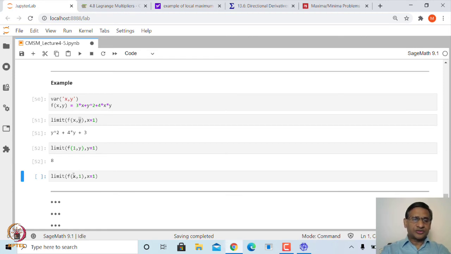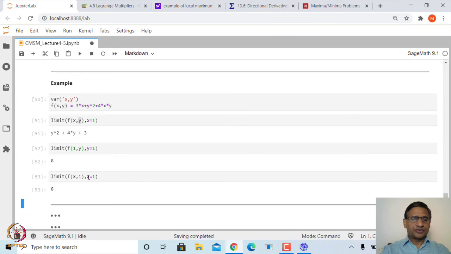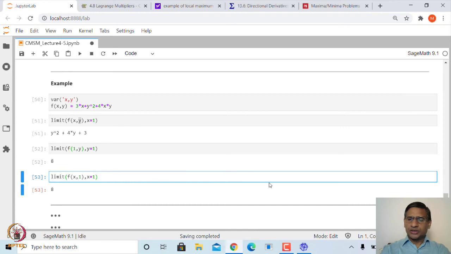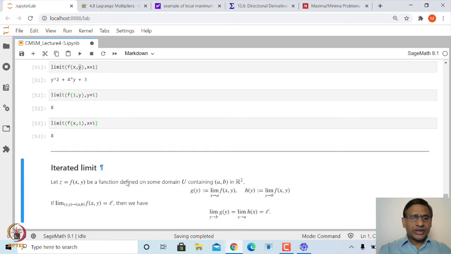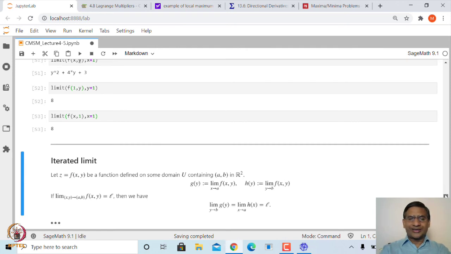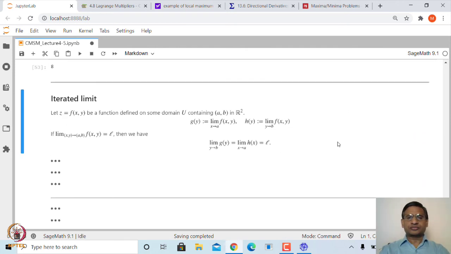You could do first with respect to y and then with respect to x, and we will get the same thing. So this is what is called an iterated limit, right.